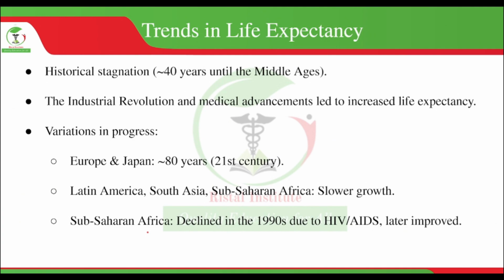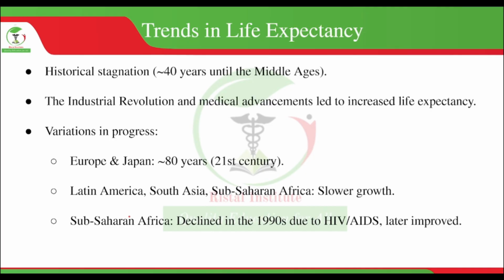But later, of course, with the widespread of ARVs, you have the life expectancy basically improving. But generally, we can say that over the years, we have been having an increase in life expectancy.